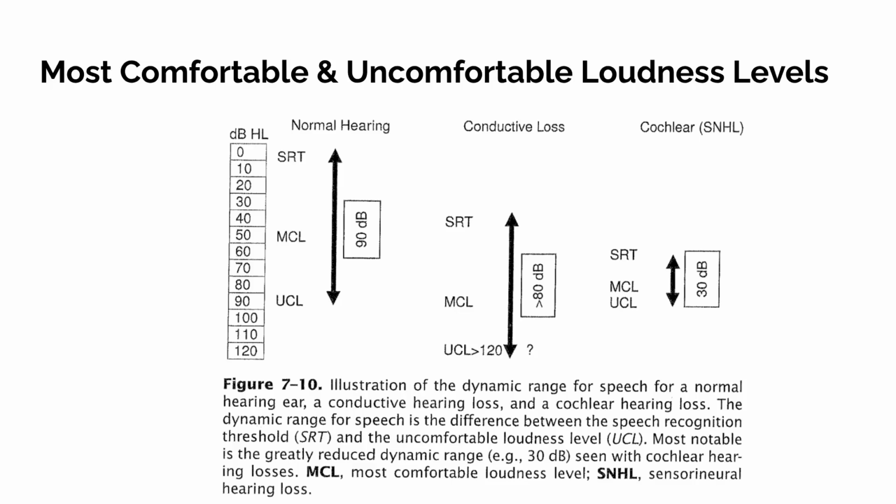So here's an example of dynamic range. I've mentioned SRT, MCL, and UCL. For normal hearing individuals, MCL typically bisects SRT and UCL. We can see that here. We do see a compression of loudness occurring for cochlear hearing loss, where we don't have a big difference between MCL and UCL.